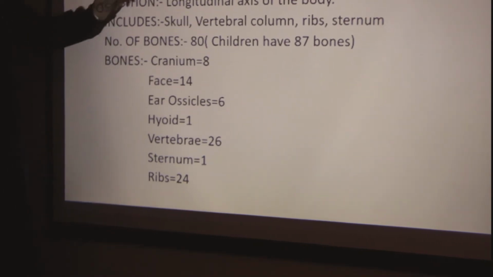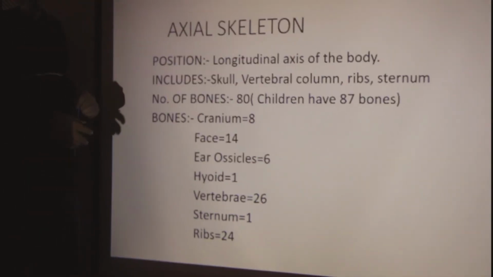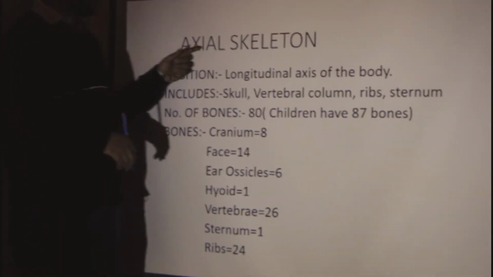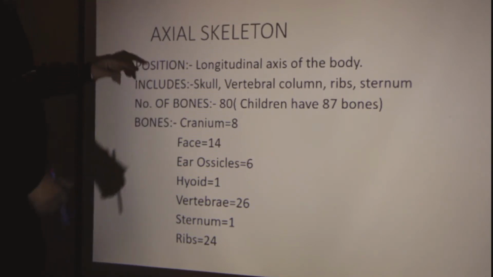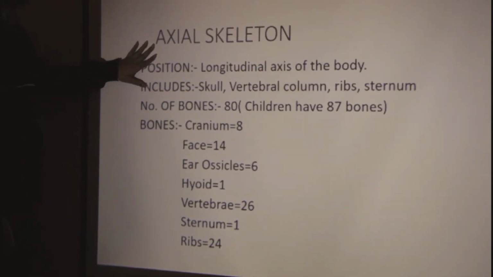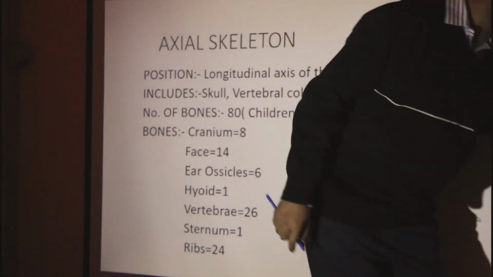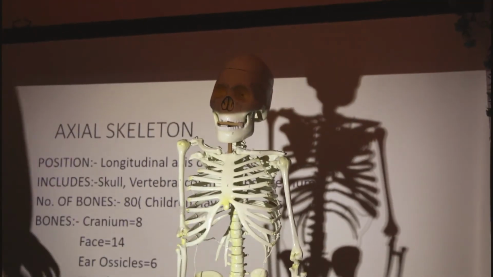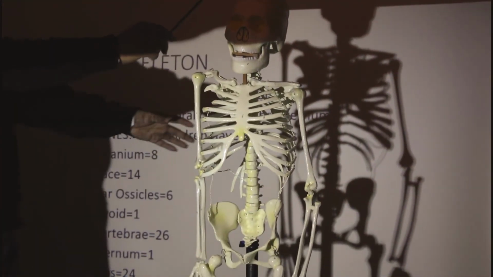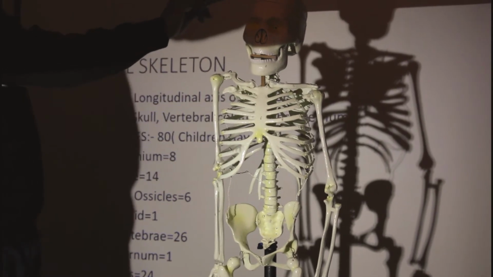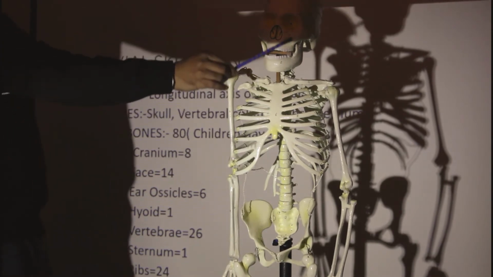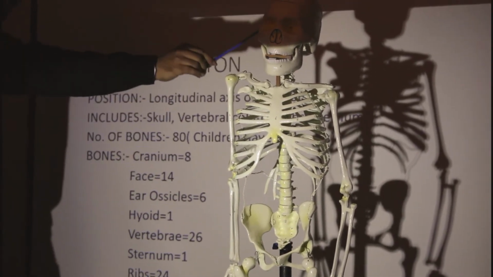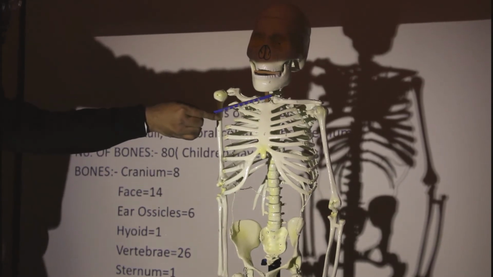Of the axial skeleton, I will use a model for demonstration. This is actually a model, not an original human skeleton. The axial skeleton comprises the cranium, which has 8 bones, the face, which has 14 bones, the ear ossicles, and the hyoid bone, which is missing in this model.